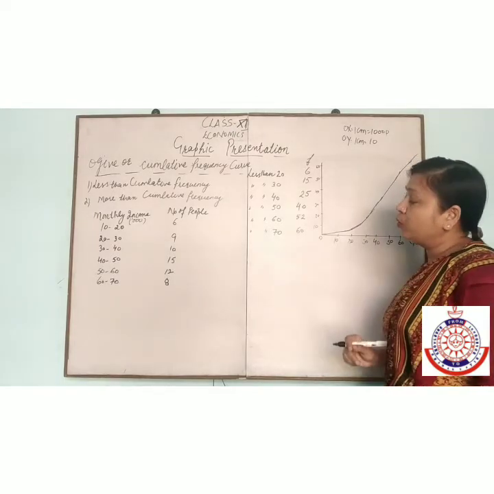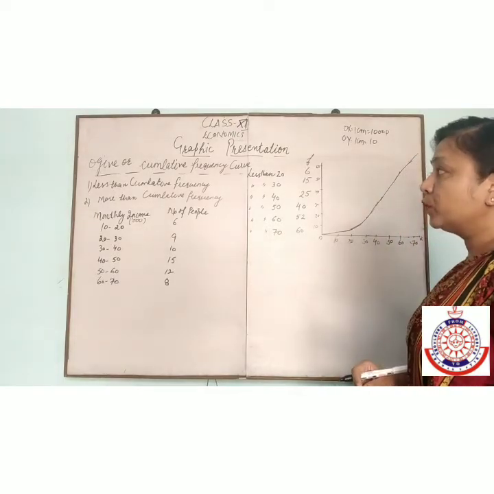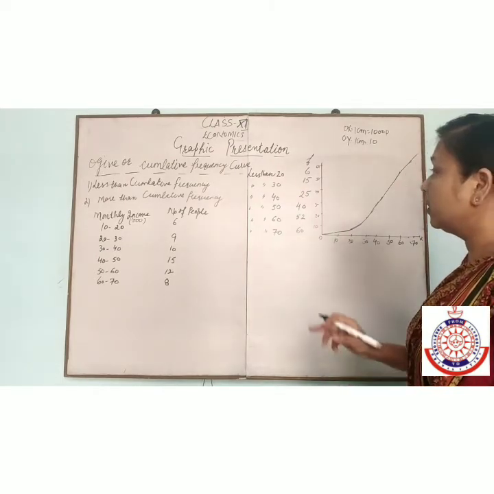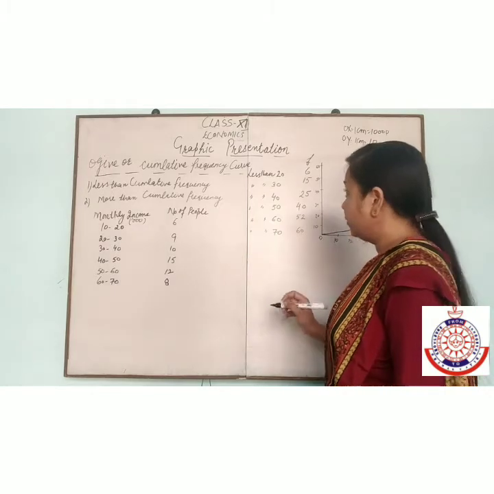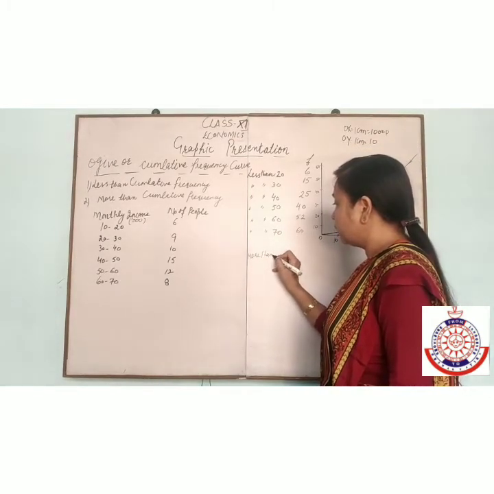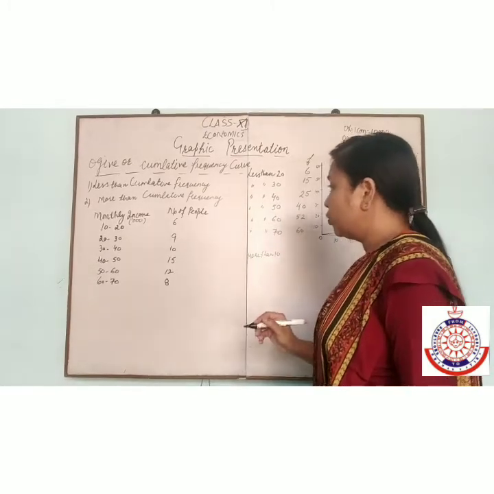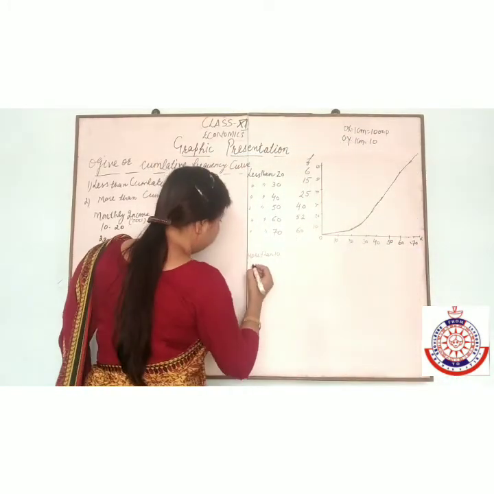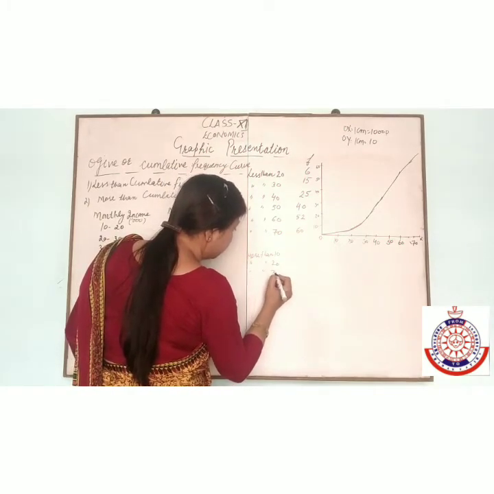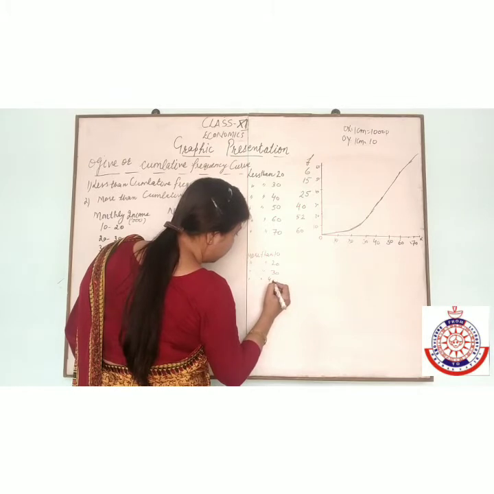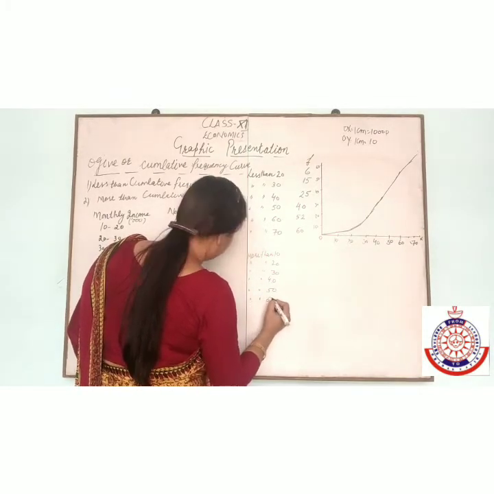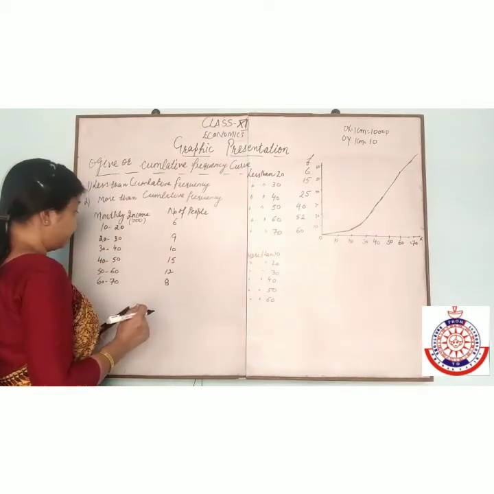The same question you can also use for the more than cumulative frequency. Whenever you have to convert to more than, we start from the lower limit, that is more than 10, more than 20, more than 30, more than 40, more than 50, more than 60.